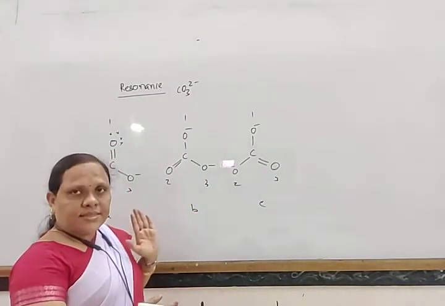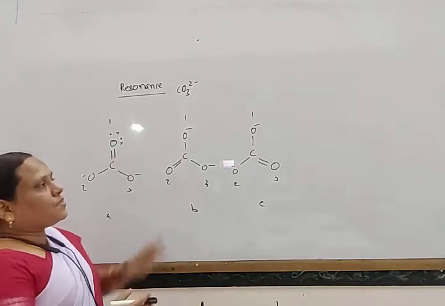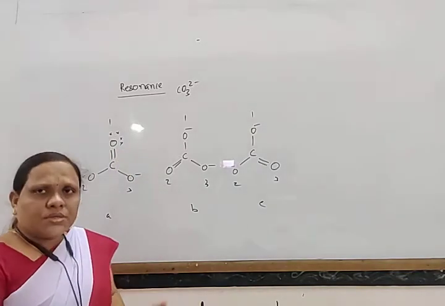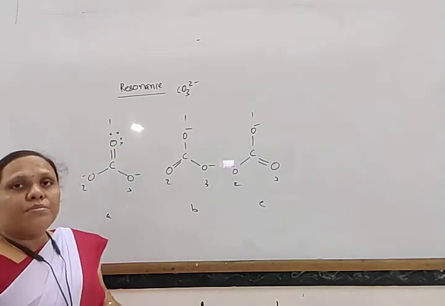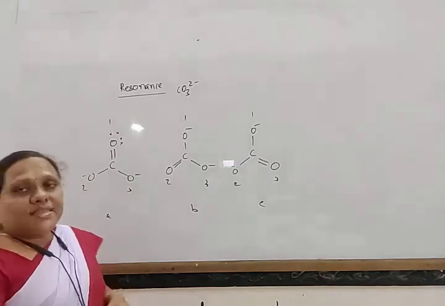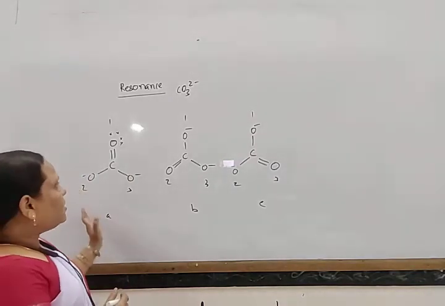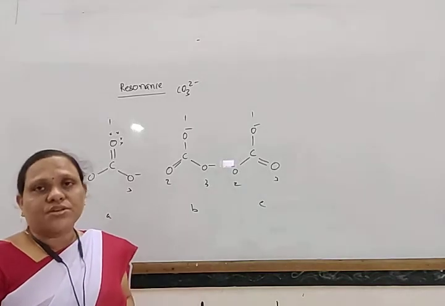All this represents the structure. So the structures in which the atoms do not change their position, but only the electron pairs change their position, are known as resonating structures.